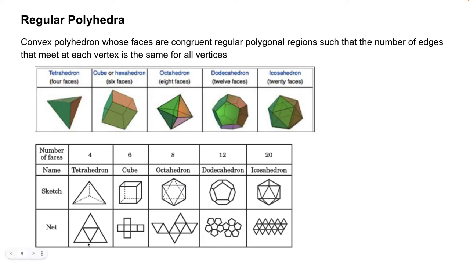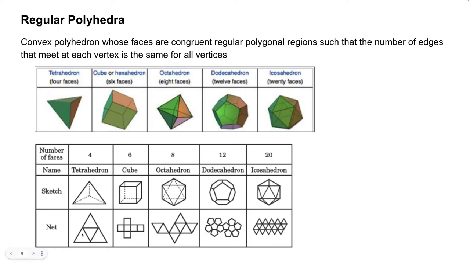Okay, and you can also open them up, then you can have the net, right? So these are just one example of a net. There's not only one way to cut this up and open it up, but these are the examples, right? So if you count the faces here, we can say 1, 2, 3, 4, and all of these faces are congruent, right?